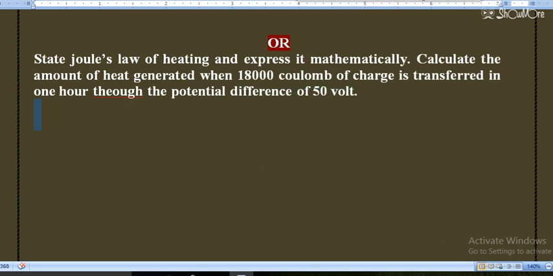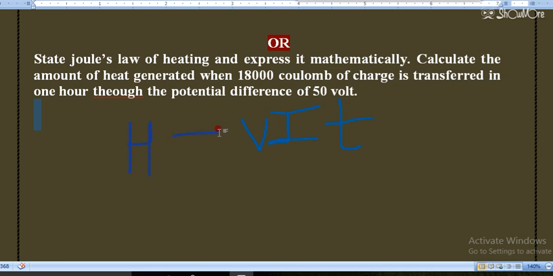If you do not have the value of R, then we can use the formula V into I, which is the formula for power. So V into I into T, we can use this formula also for the heat.